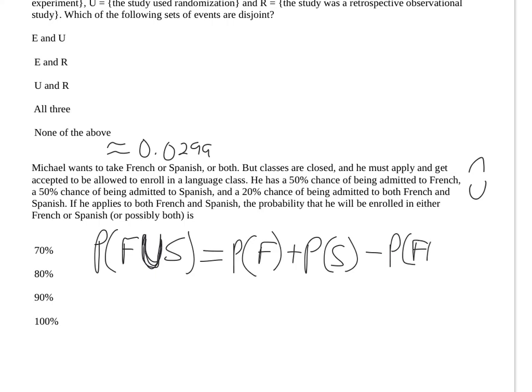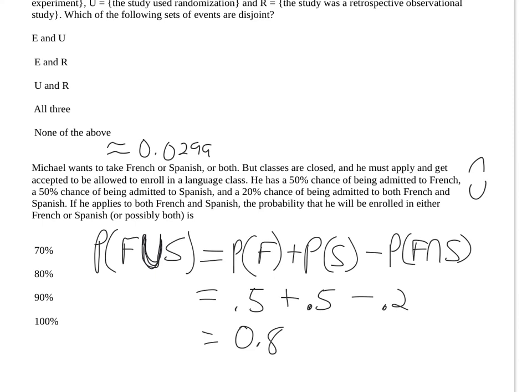So you subtract the probability of F and S. In this case, the probability of being accepted to French, 0.5, plus the probability of being accepted to Spanish, 0.5, minus the probability of being accepted into both, 0.2, which is going to be equal to 0.8. Now you can simply remember that formula, or you can think about it logically.